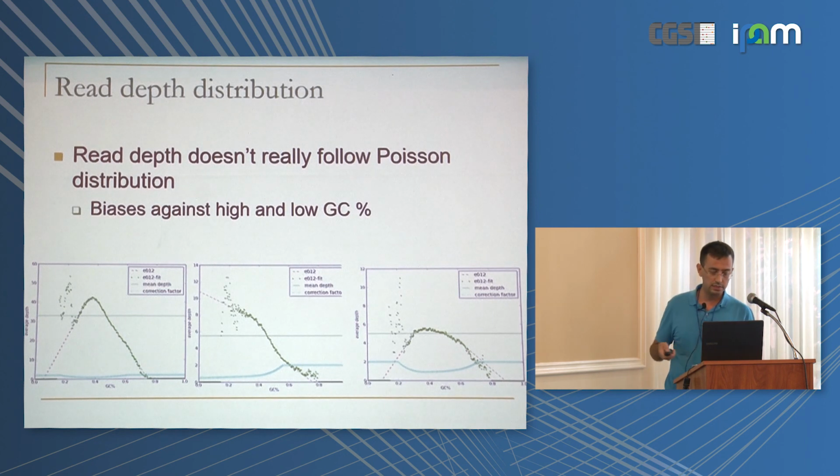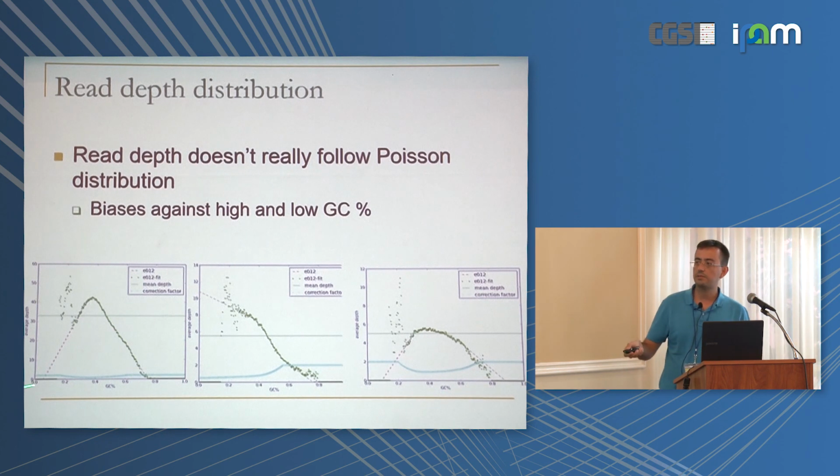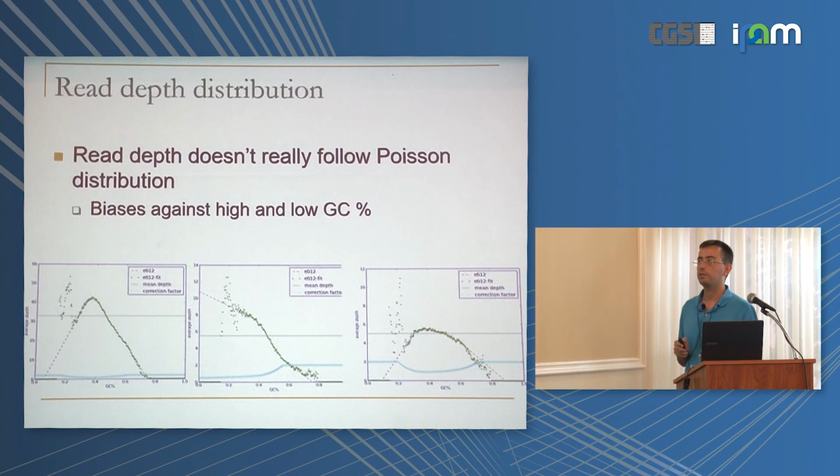If we plot the number of reads versus the average GC bins, sometimes you see a pretty much decent distribution with some noise here. Sometimes you see a distribution like this. Sometimes you see a distribution like this. So you have to fix these biases for each sample.